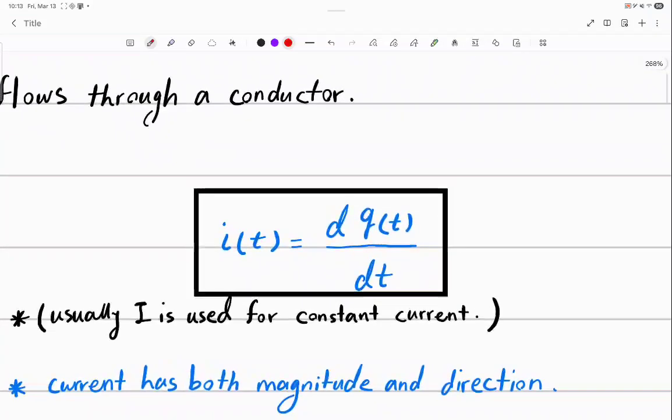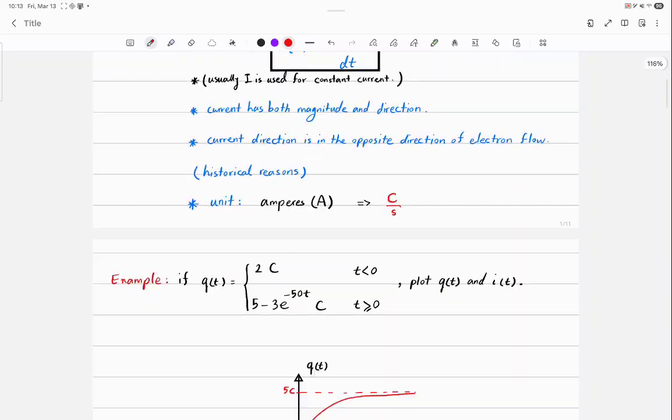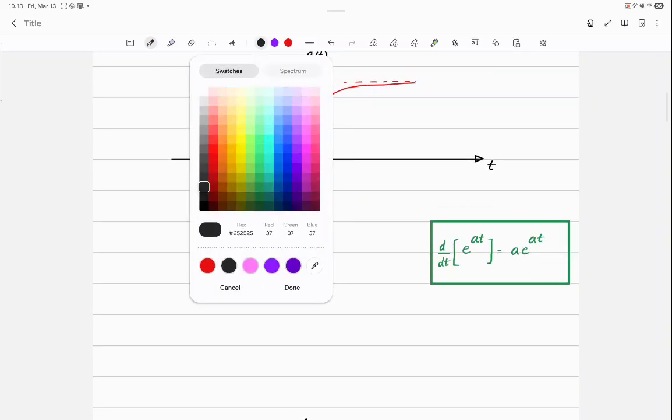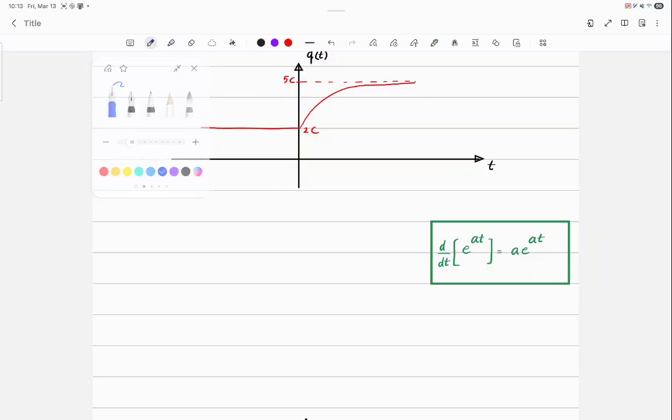This one. Take the derivative, time derivative of Q. Let's do that. So I is equal to dq over dt.